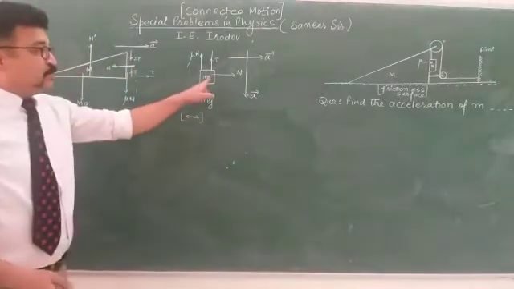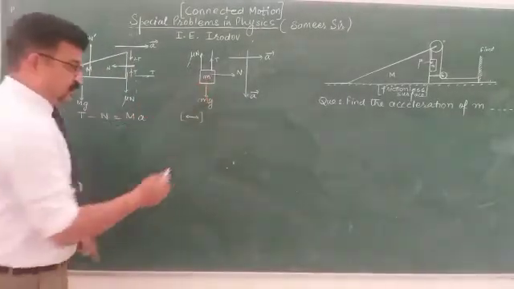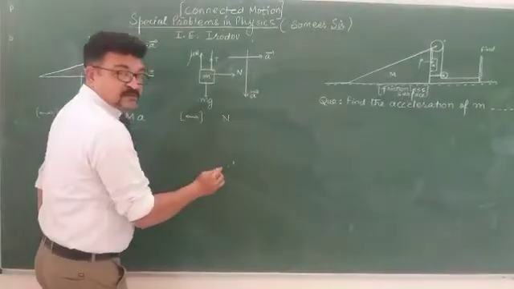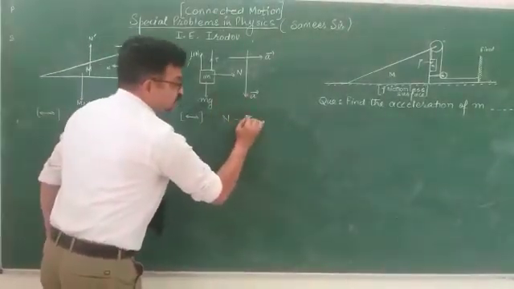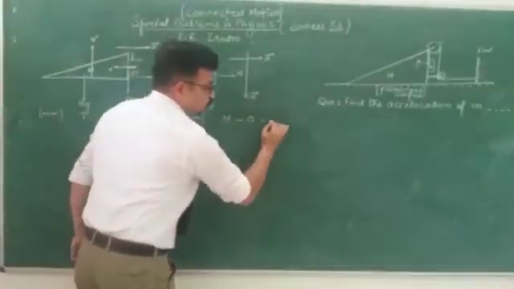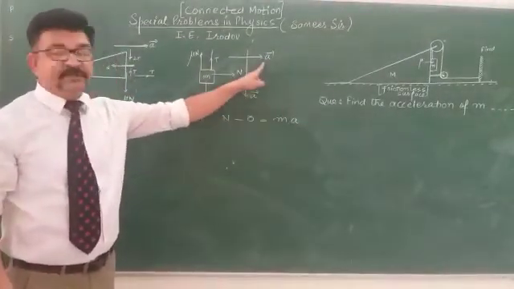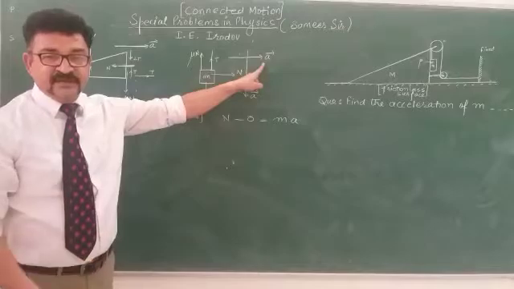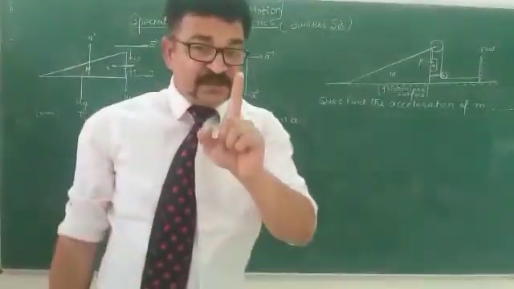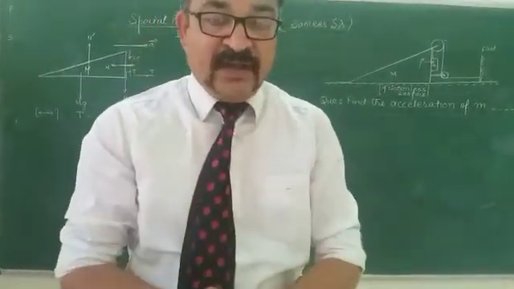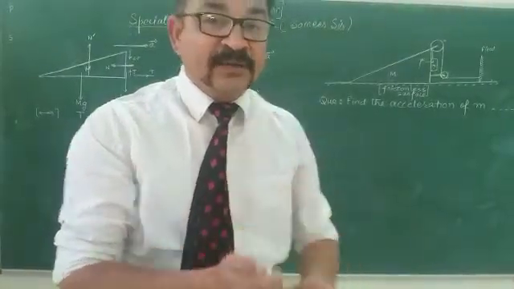Horizontally, the motion of small m will give you N is equal to what? m A. Why am I taking the acceleration only A? Because horizontal acceleration only. But you know that there is one more acceleration, downward acting on small m.